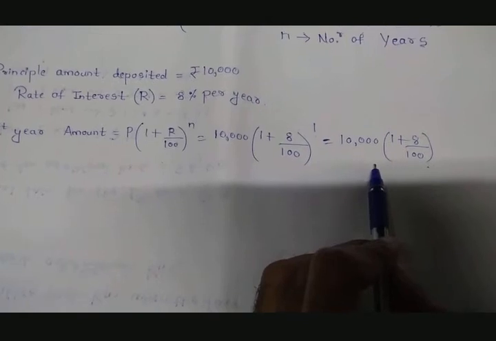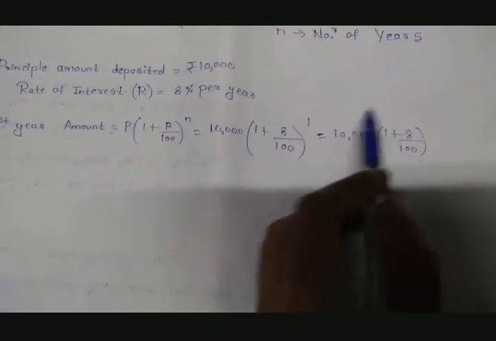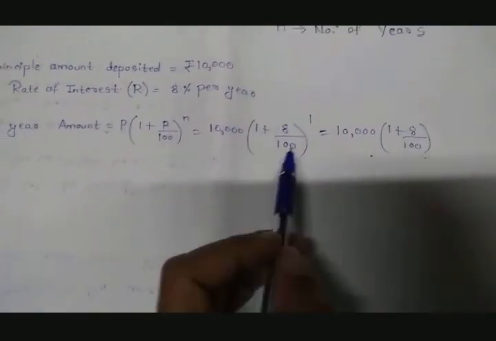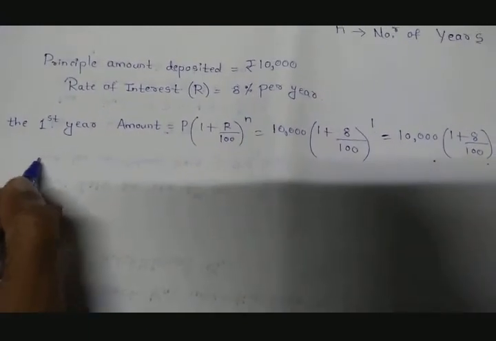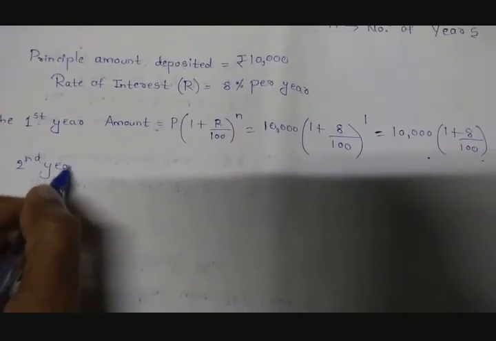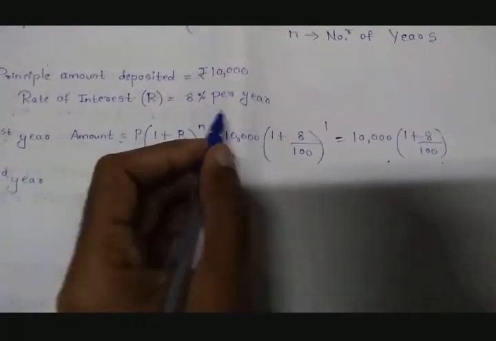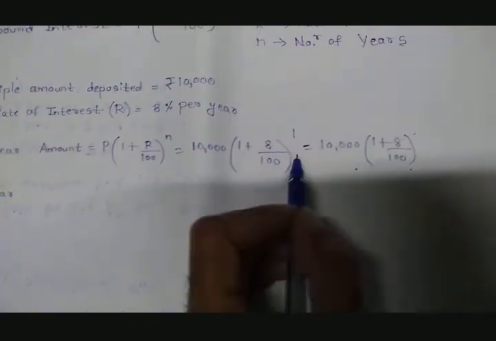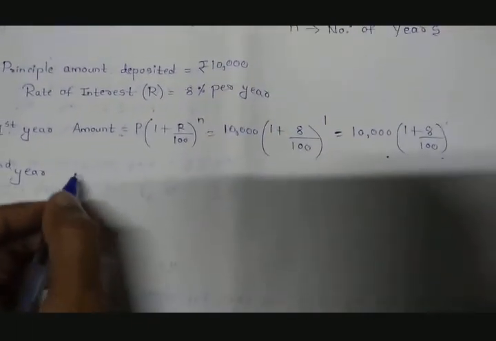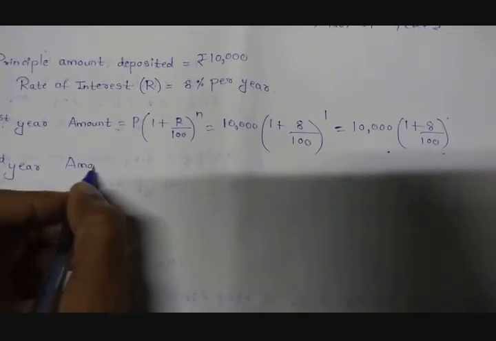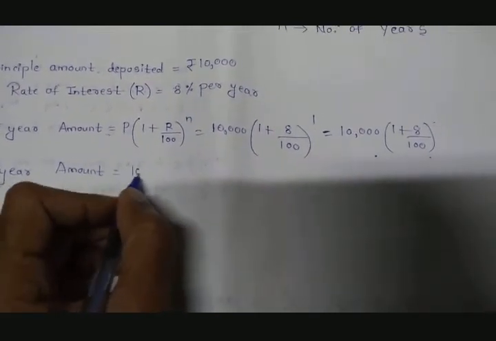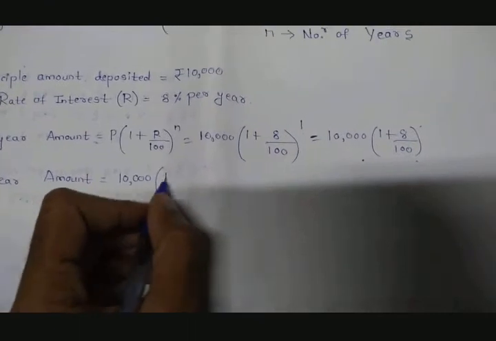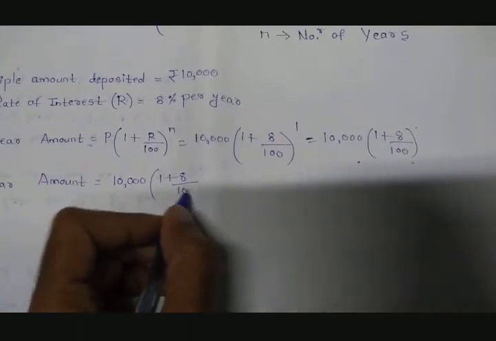You need not simplify this. For the second year, you need not write all these things again. Instead of 1, you will have 2 here, right? So the amount for the second year will be 10,000 into 1 plus 8 divided by 100, the whole square, right?